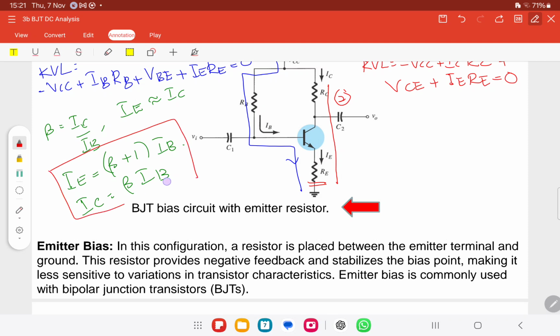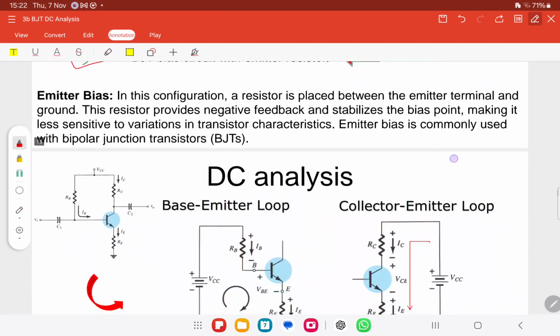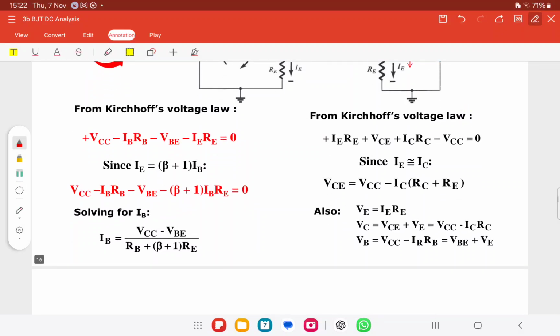Ni penting, this one kena hafal. So ni replace lah dekat dalam ni. Substitute this, dia jadi macam ni. Substitute the beta plus 1 IB. Ganti. Senang punya.